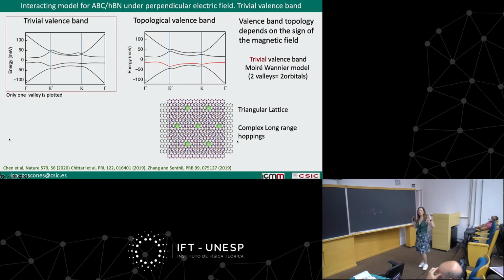So somehow what we are doing is going from this very complicated structure to an effective triangular lattice with two orbitals per site, okay? One thing that is going to happen is that when we describe our system, the hoppings that describe the kinetic energy are complex.